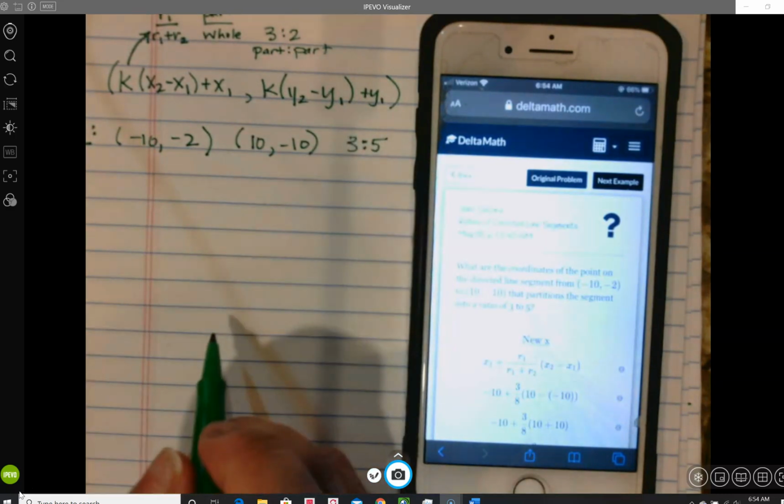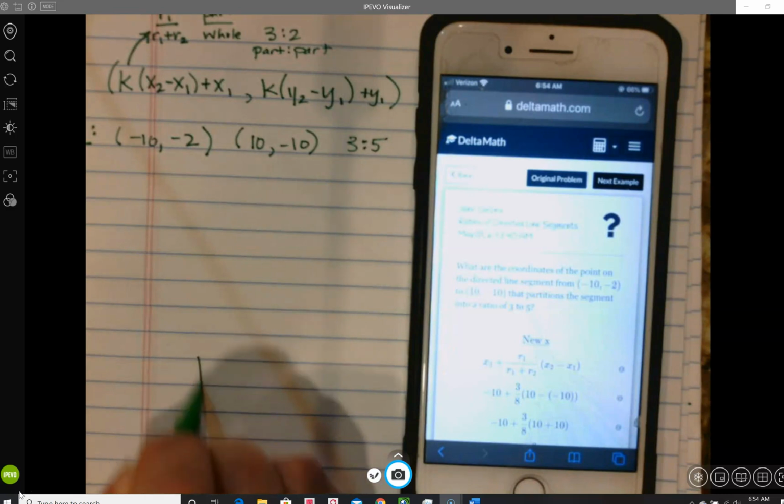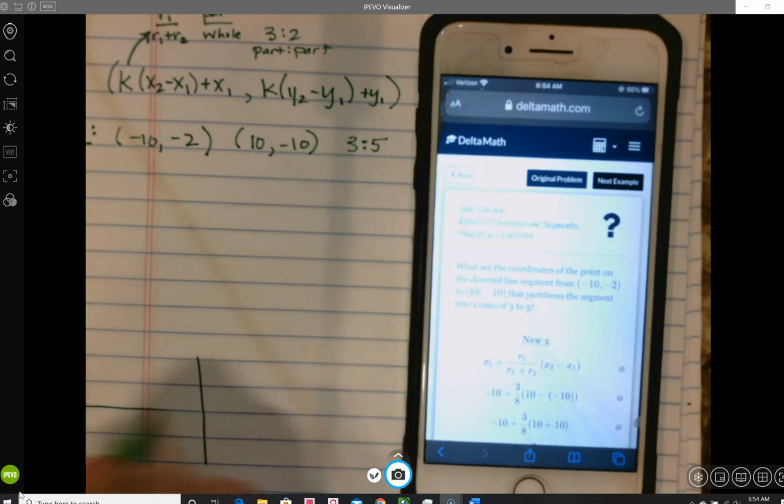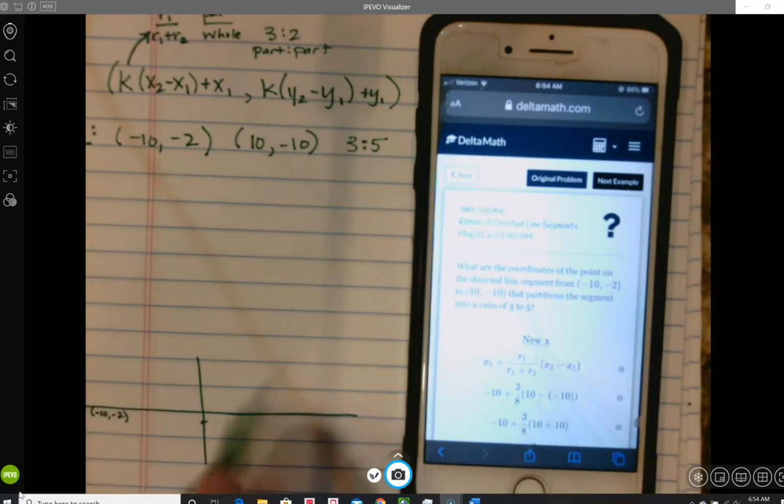So just to give a little picture of what this looks like, I'm going to draw my coordinate plane, and I'm going to give -10 and put it over here, -10, and then -2. So there's -10, -2, and then 10, -10. I'll go about the same distance over here, so that's 10, and -10 I'll put all the way down here.